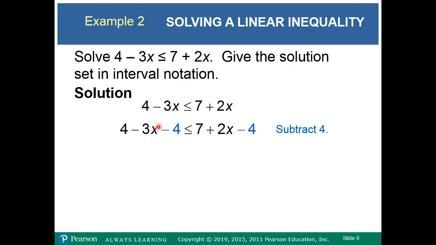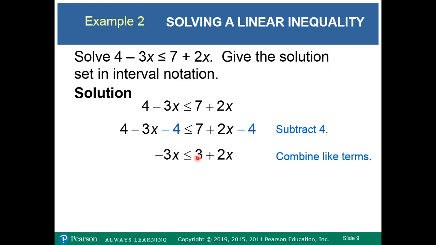And then we're going to subtract 2x from both sides. We combine like terms, right? So this 4 cancels with this 4. And so this gets combined with this, so we get 3. So this is what we end up with.